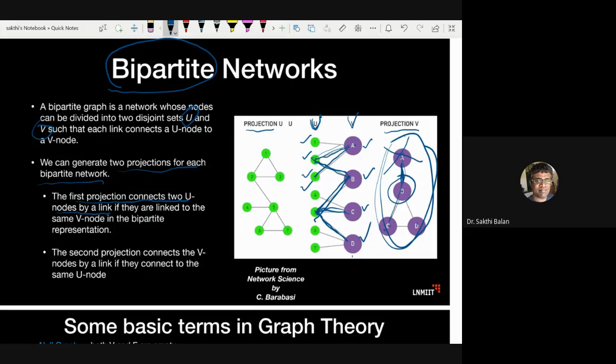So you need some kind of an algorithm to find such nodes. And for that, we will be looking at various kinds of centrality measures, which we will be defining in the next class. Okay, but before that, we have to define some more basic terms in graph theory. We will be defining them in the next class.